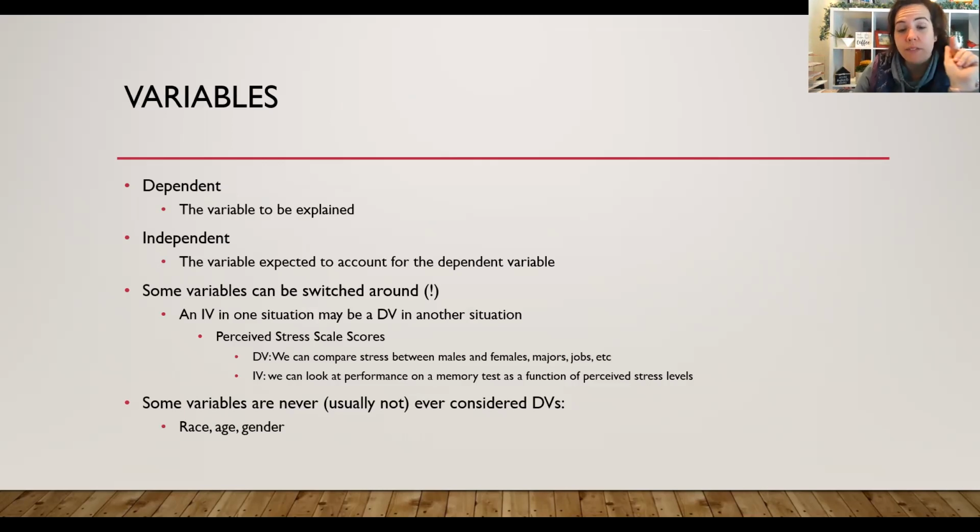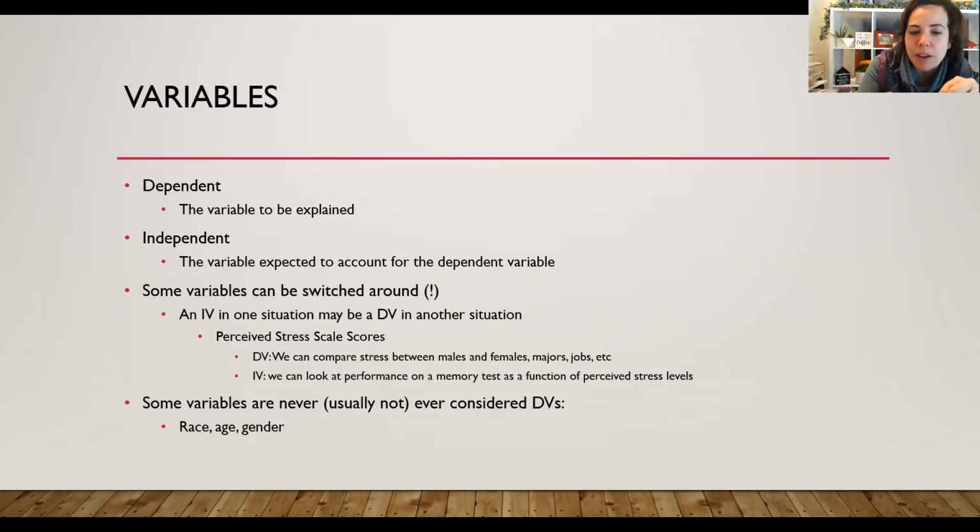Okay, what are variables? This is important. Quiz time. Hopefully you guys are hearing me, watching this video. This will be covered on the quiz. So a dependent variable is the variable that you are trying to explain. It's the variable that you are ultimately trying to figure out how it gets impacted by the independent variable.